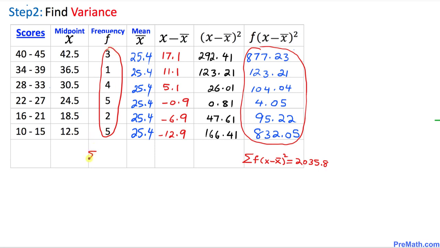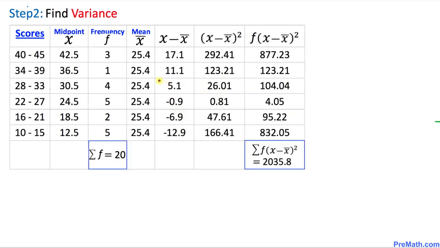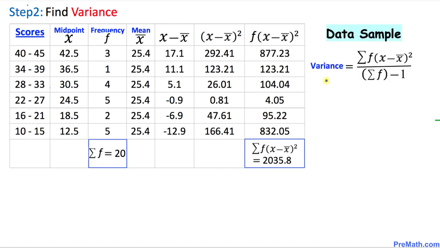So we're going to say sigma of f equals 20. And here is our final product. I have just put down these numbers in a nicer way. And now we will be able to calculate the variance by using this formula. And just keep in mind that we will be using this data as a sample.